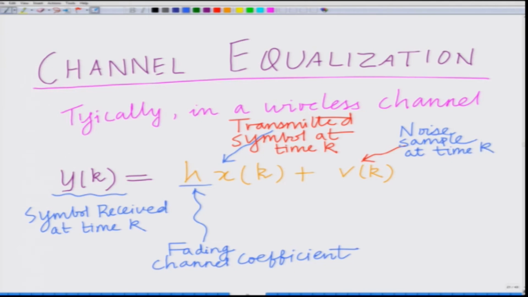So I have the system model which can be described as yk equals h times xk plus vk.